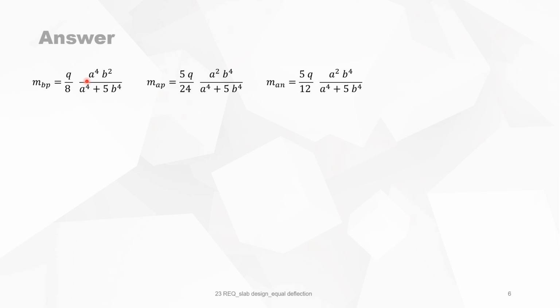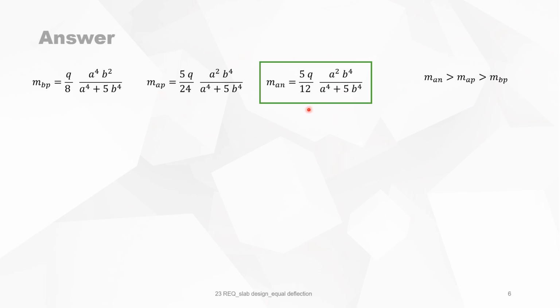So b is 9.9, a is 6.6. So we can guess that MAP or MAN will be the biggest because it's to the power 4. But then we see that MAP is half the bending moment, 5 over 24 and 5 over 12 for MAN. So we conclude that MAN shall give us the biggest bending moment, followed by MAP, and then MBP, the smallest. We will check later if this is indeed correct.